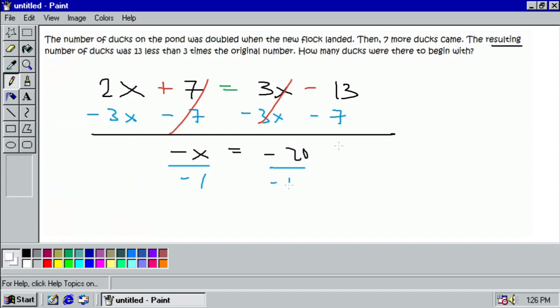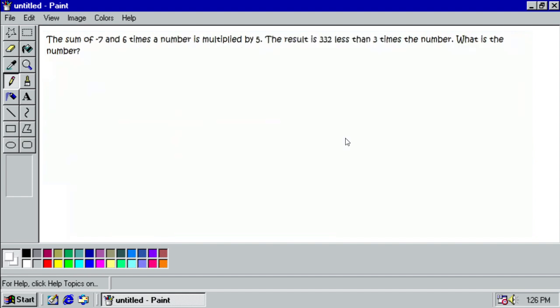The negative signs cancel because negative divided by negative is a positive number. So we have x, and same goes for the other side. That means our x, the original number of ducks, is 20.